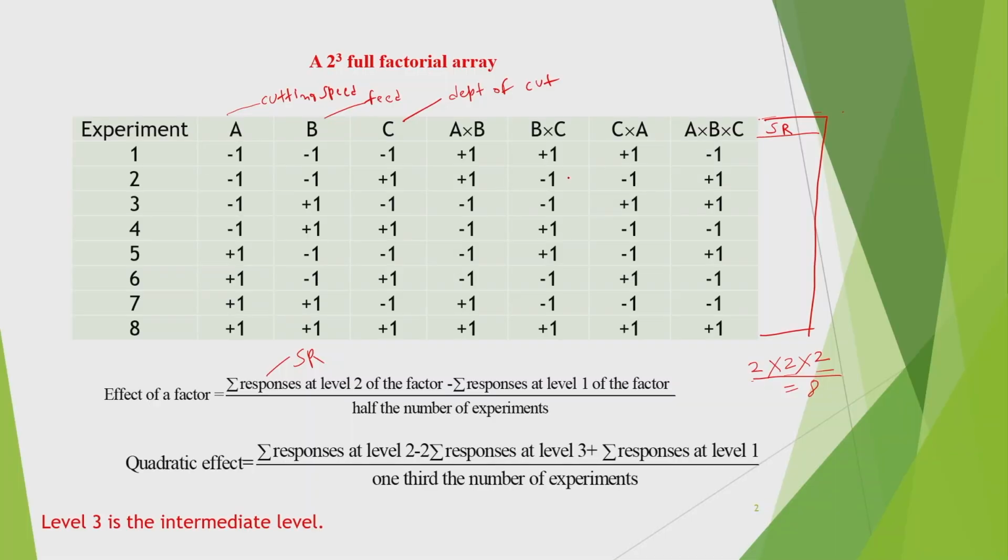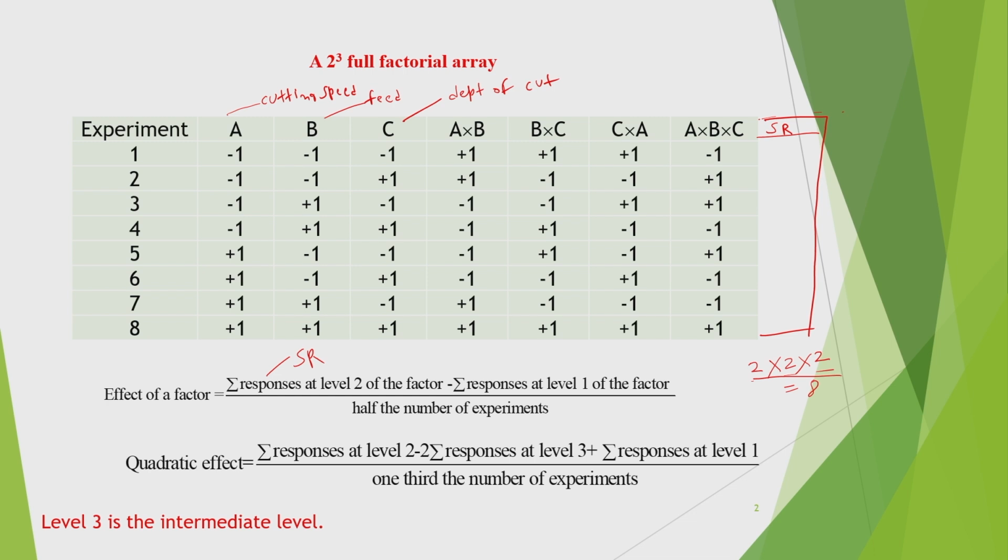That means one thing is that suppose you say that increasing cutting speed reduces the surface roughness, and similarly increasing the feed increases the surface roughness. But what will happen if one is increased and the other is decreased? That's why we have done the A cross B column. And B cross C, similarly, when both the values are the same way, then we designate it by plus, and when one is high, one is low, then we indicate by minus.